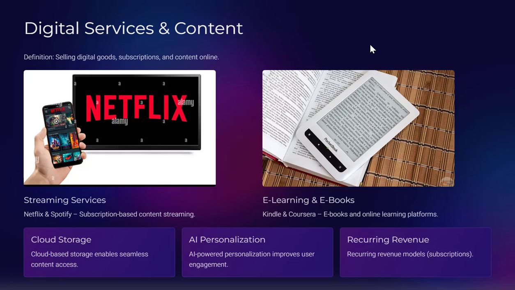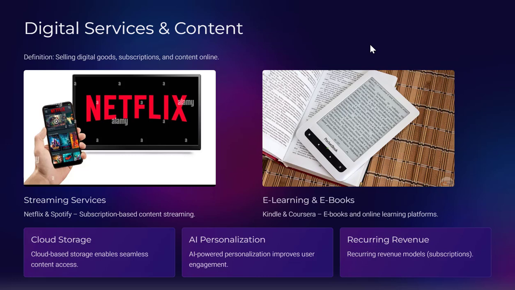So you see, streaming services are typical for digital services and content. E-learning and books, Kindle and Coursera, offer ebooks and online learning platforms. Technologies like cloud-based storage enable seamless content access, and AI-powered personalization improves user engagement. Digital services and content also have recurring revenue models.